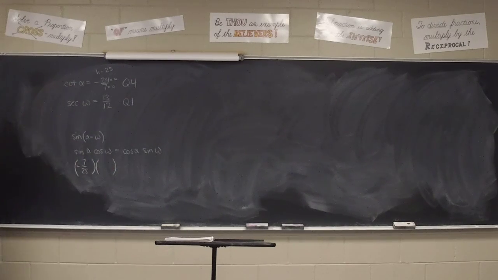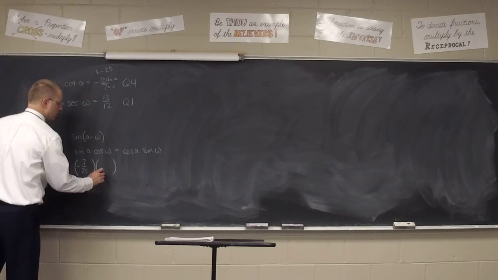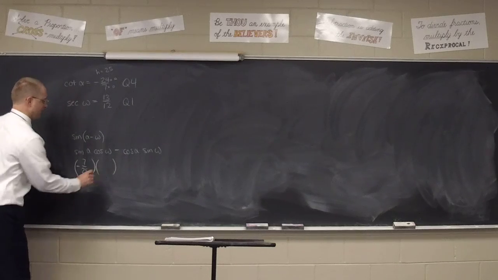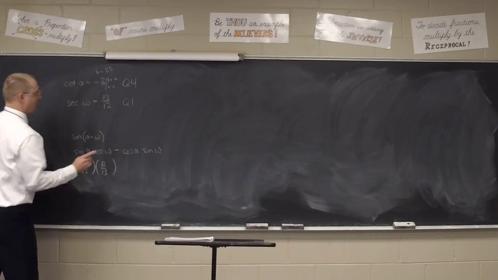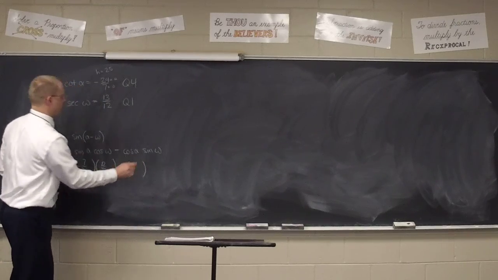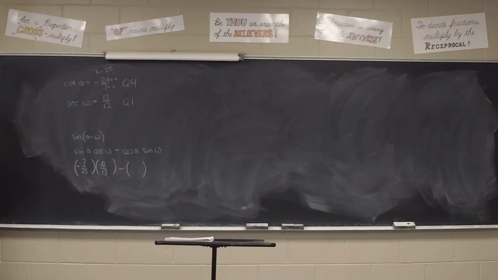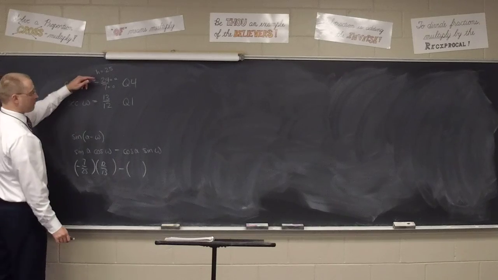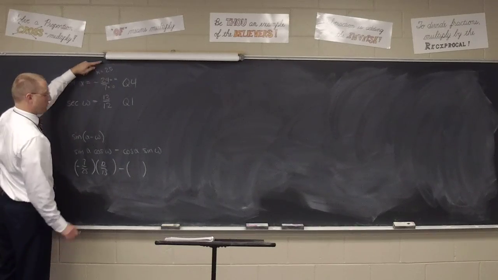We need the cosine of omega. That should be easy because I'm given the secant of omega, so all I have to do is flip it to get 12 over 13. It's in quadrant 1, so it's positive. Then I need the cosine of alpha: quadrant 4, positive 24 over 25.